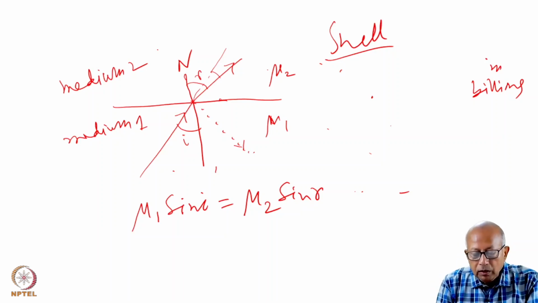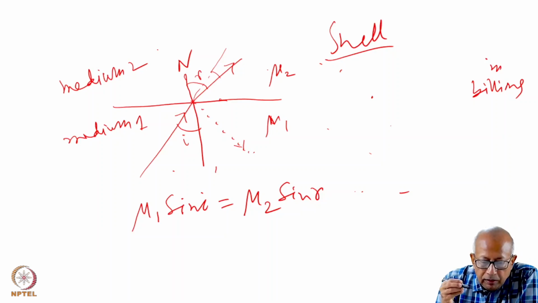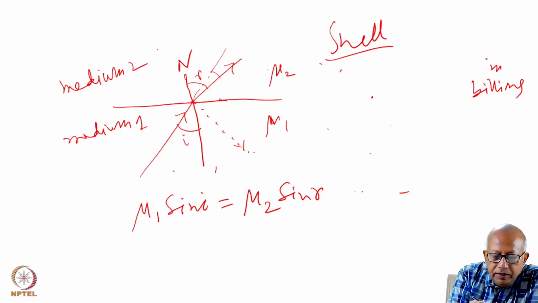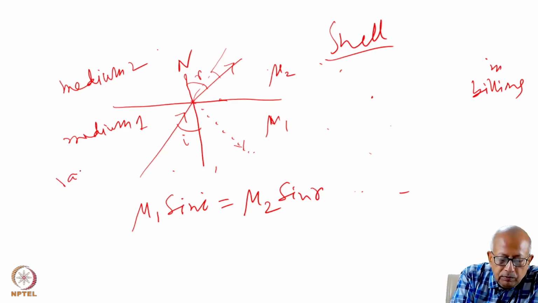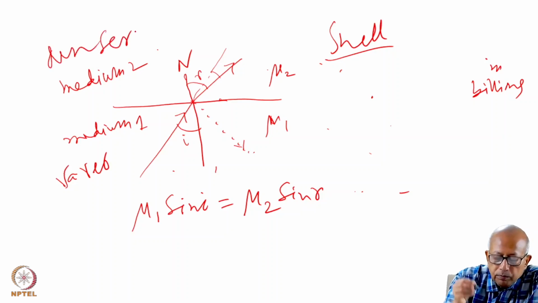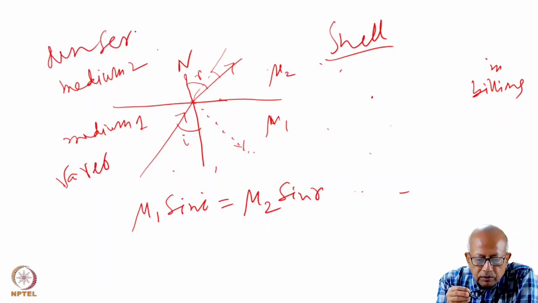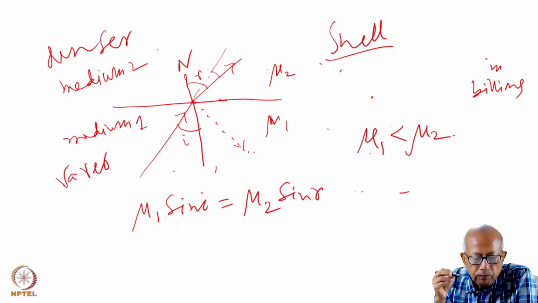From here you can clearly see that if the light travels from a rarer medium to a denser medium, that means mu1 is less than mu2.